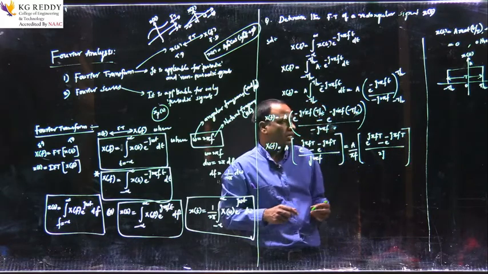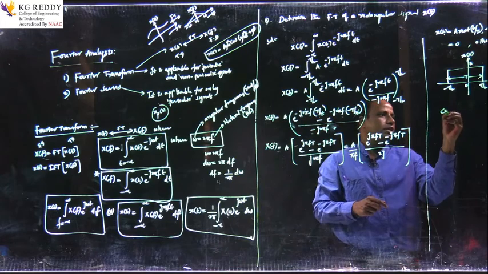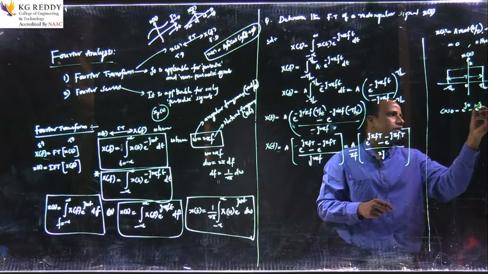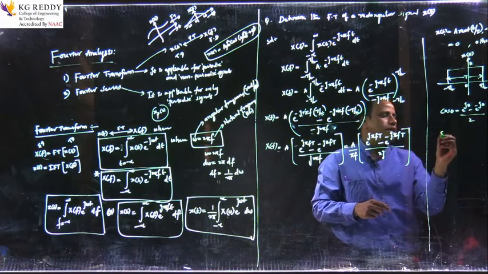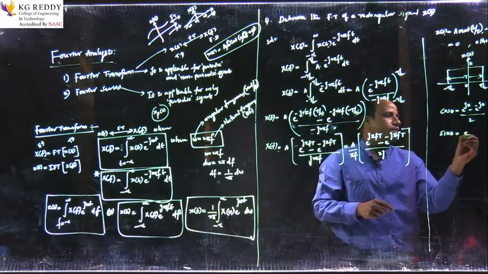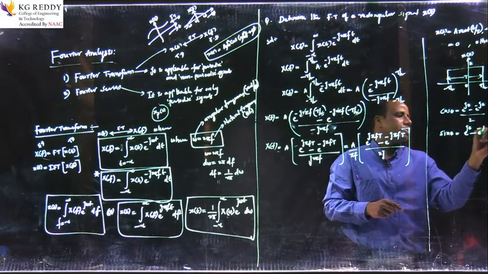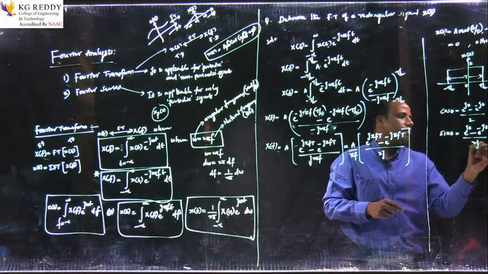You know, from Euler identities, cos theta can be written as e power j theta plus e power minus j theta divided by 2. Similarly, sin theta can be written as e power j theta minus e power minus j theta divided by 2j.